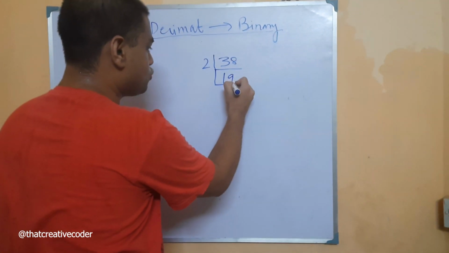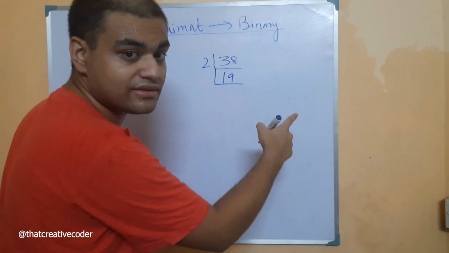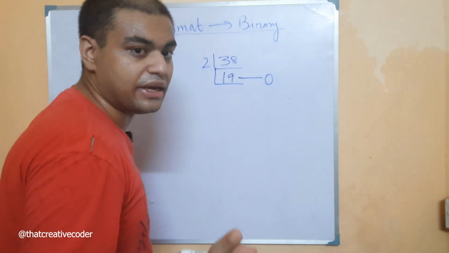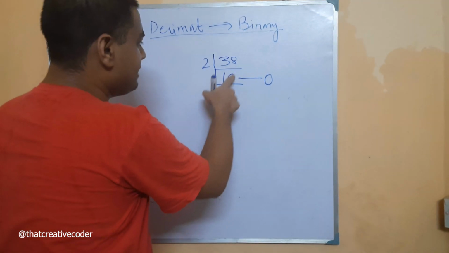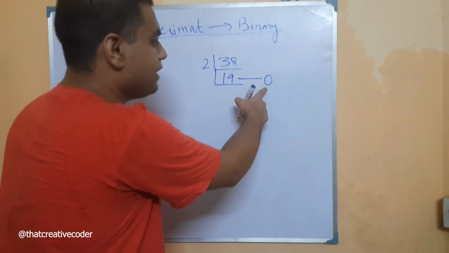So 2 times 19 gives us 38. And what is the remainder in this case? It's of course 0. So we will note that remainder.